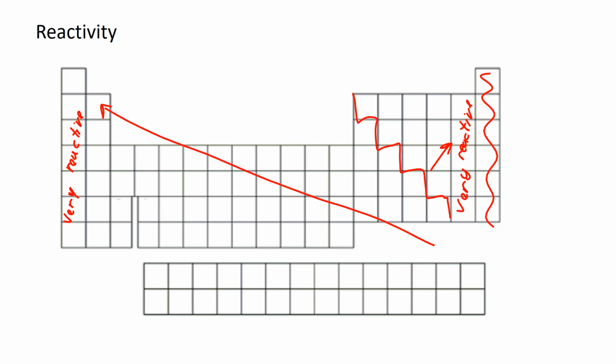Everything in the middle, I don't want to say they're non-reactive, but we can dig copper, gold, and silver out of the ground, and it's copper, gold, and silver. We don't necessarily have to find these elements bonded with something. Same thing with carbon. We dig carbon up all the time. Coal, diamonds, all of that. It's just carbon, and it doesn't have to be bonded with something.